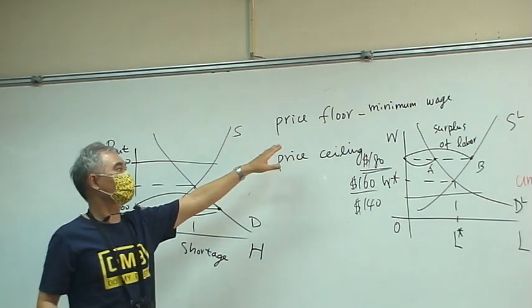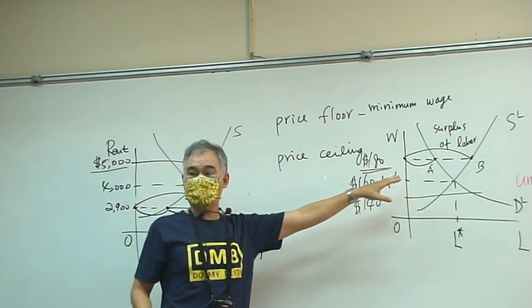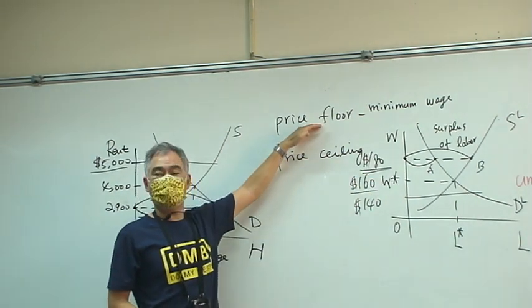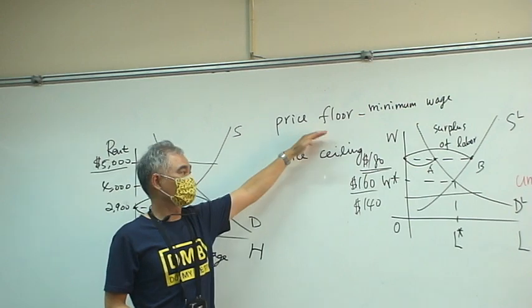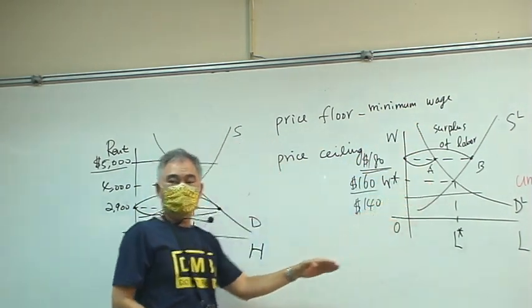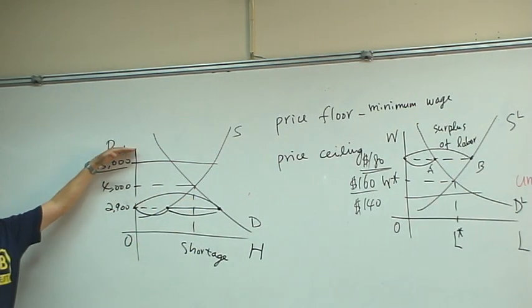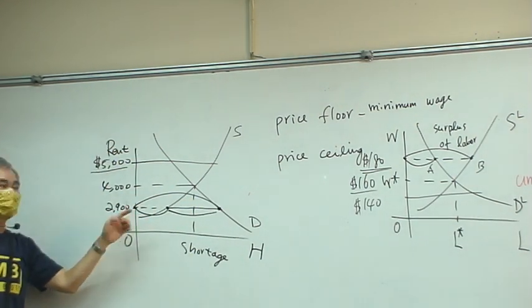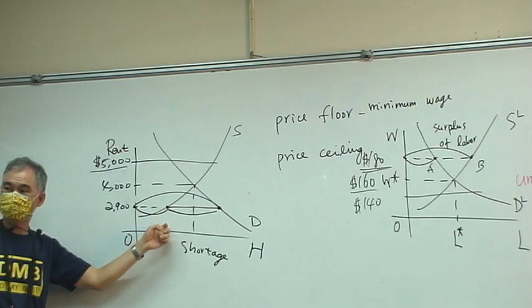So that's the same thing here when I talk about the minimum wage. If you want to have an effective minimum wage, it has to be above the equilibrium wage. And if you want to have an effective rent control, it has to be below the equilibrium rent.